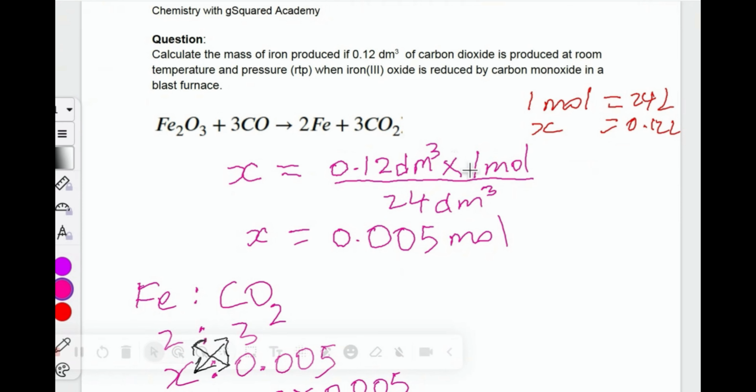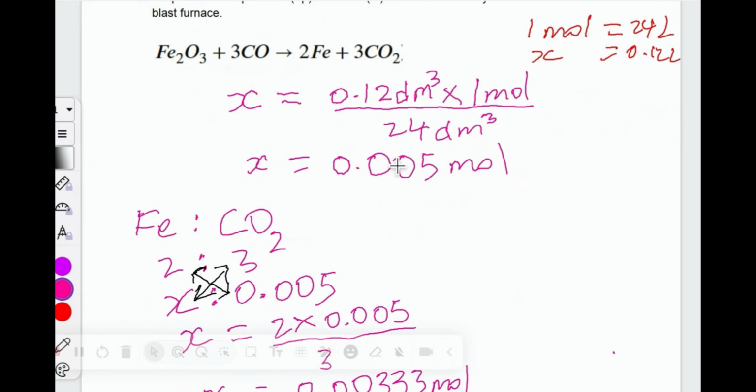Now the question is, if 0.05 moles of carbon dioxide was produced, how many moles of iron would be produced as well? So we're going to have to look at the ratio of carbon dioxide to iron. From the equation, we see that 2 moles of iron is produced when 3 moles of carbon dioxide is produced.